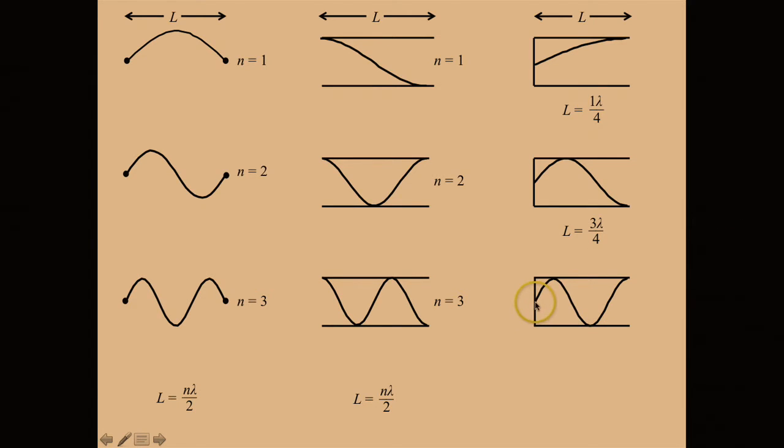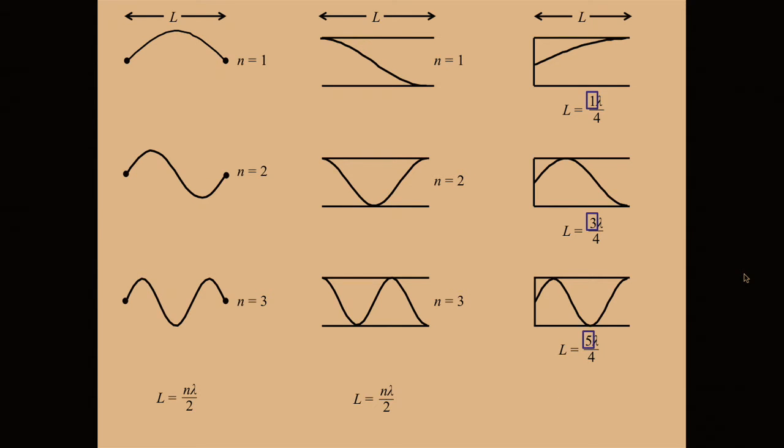Here, we have 1/4 node to antinode, then a second 1/4, a third 1/4, a fourth 1/4, and a fifth 1/4 node to antinode. If we compare the three formulas, the numerator counts up 1, 3, 5. It skips the even numbers.